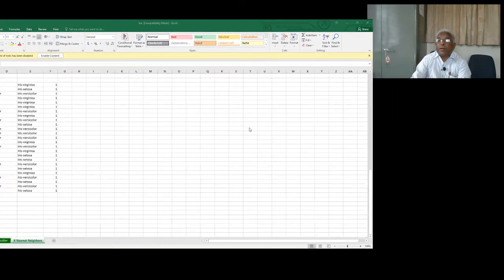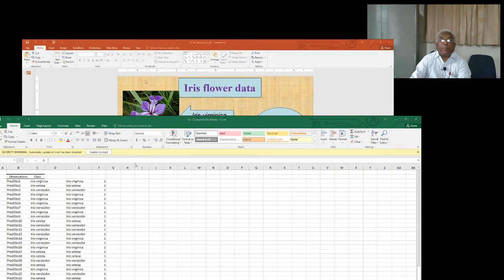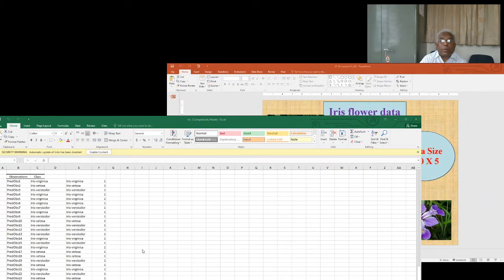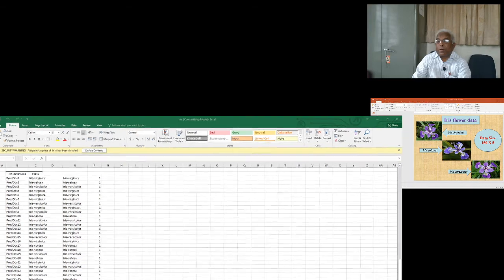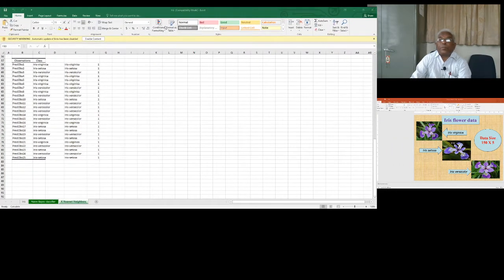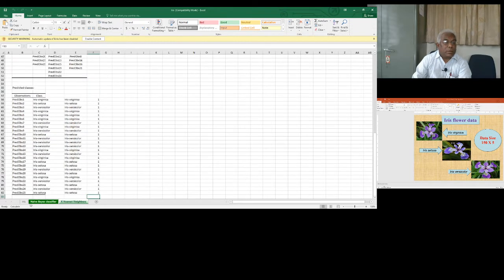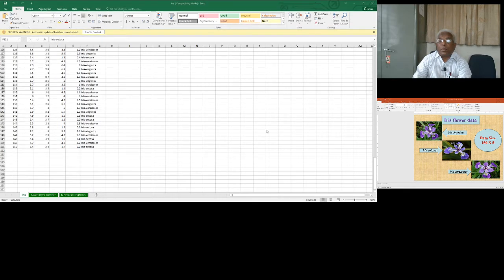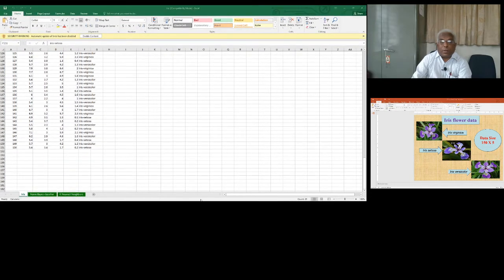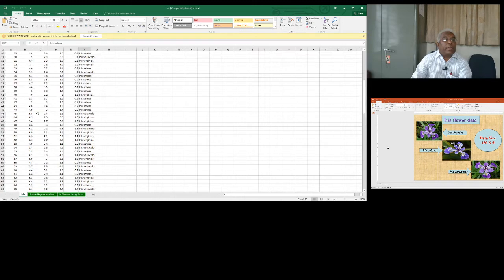Try to see this data. See this data on iris flower.